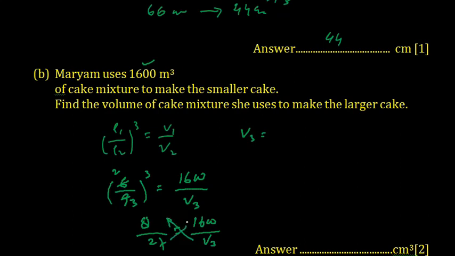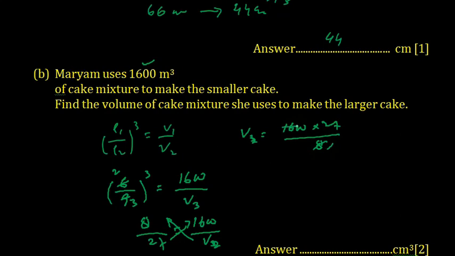We apply cross multiply here, so the volume of the second one is 1600 multiplied by 27 divided by 8.